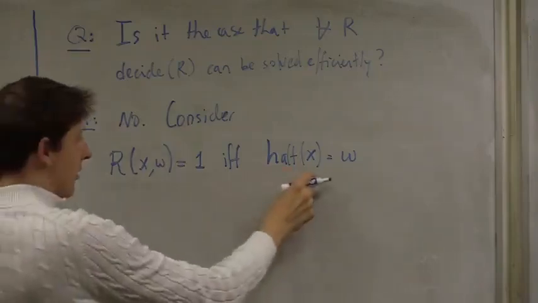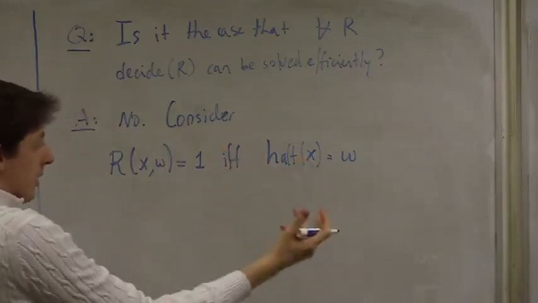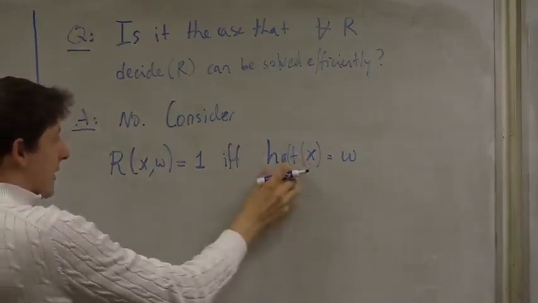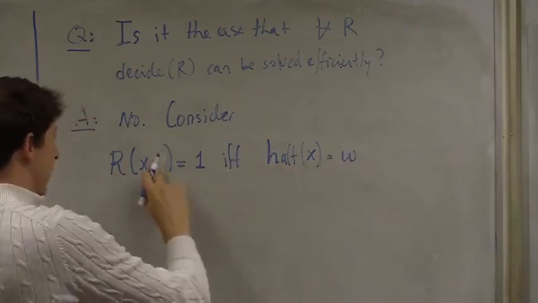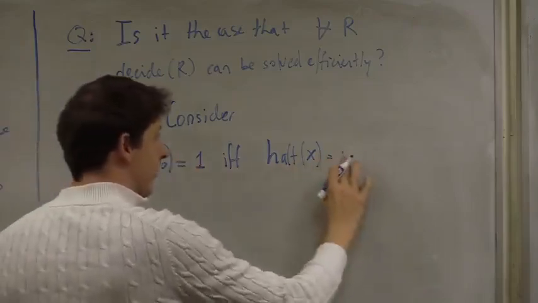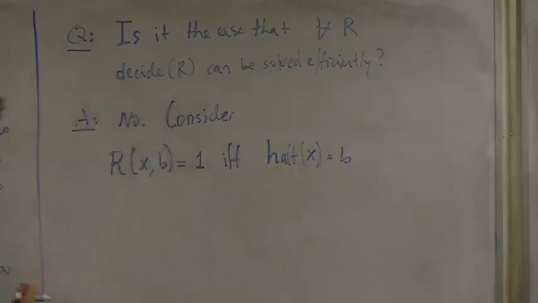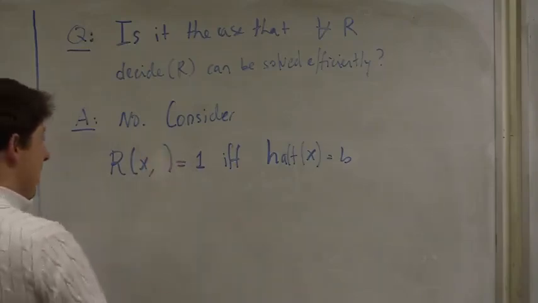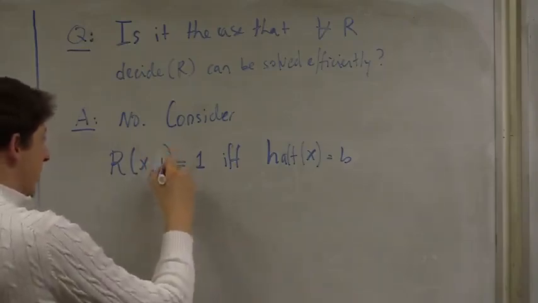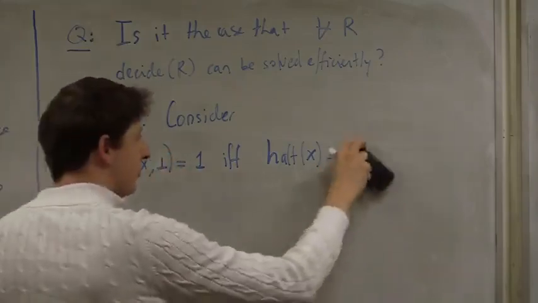Namely, halt of x says take x, think of it as an algorithm, and decide whether the algorithm halts. I'm going to make the witness not matter, so I'll just put a bottom there.